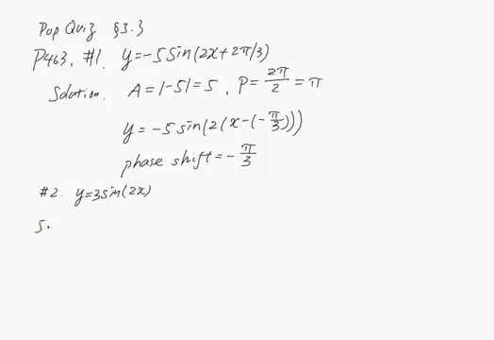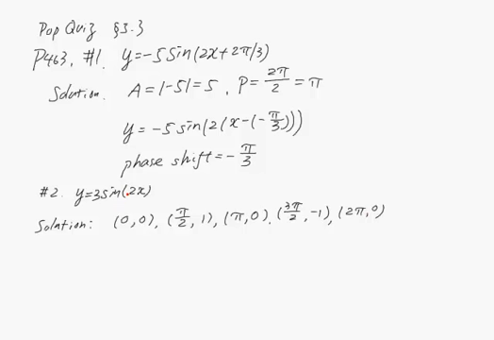We know the 5 key points for sine of x are like this: 0, 0, half pi, 1, pi, 0, 3 pi over 2, negative 1, and then 2 pi, 0.